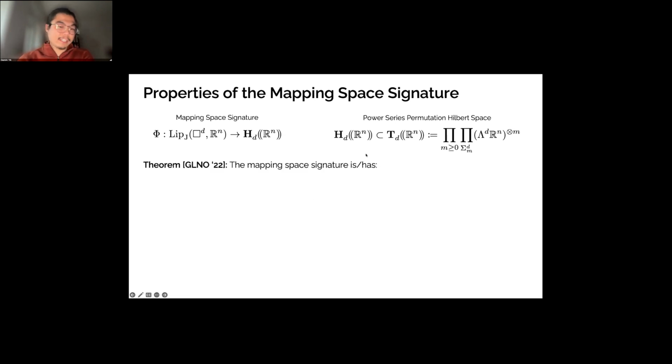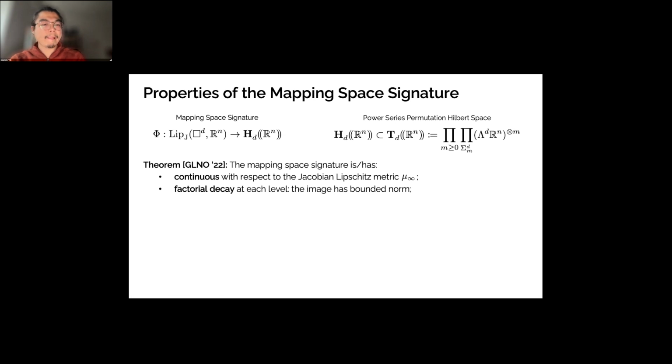It turns out that this mapping space signature has many of the same properties we previously discussed for the path signature. In particular, it's continuous with respect to the Jacobian Lipschitz metric. It has factorial decay at each level, meaning the norm at each degree decays factorially. This implies that the image has bounded norm and therefore sits inside this Hilbert space.